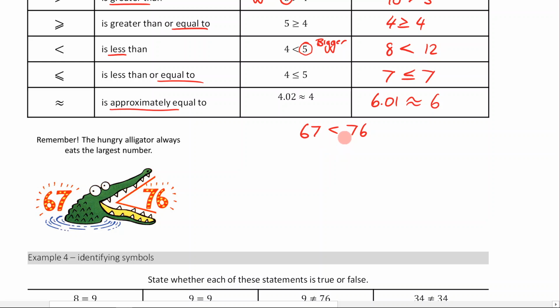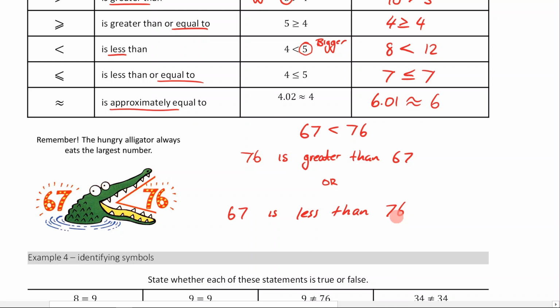There are two different ways of writing this. The way that I think about it is, as soon as I see that the alligator is eating the bigger number, I say 76 is greater than 67. The other way to write this, we could write it as 67 is less than 76.